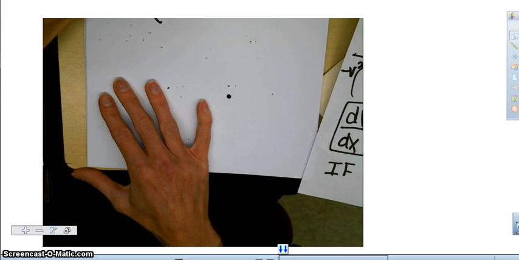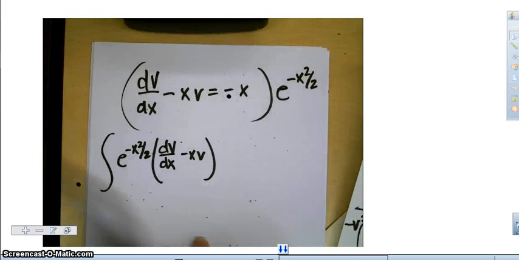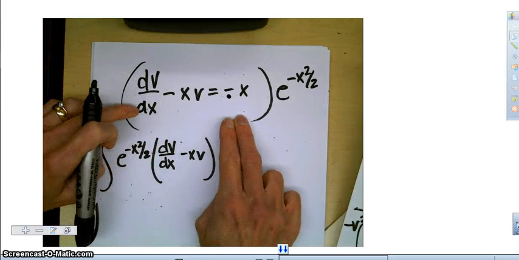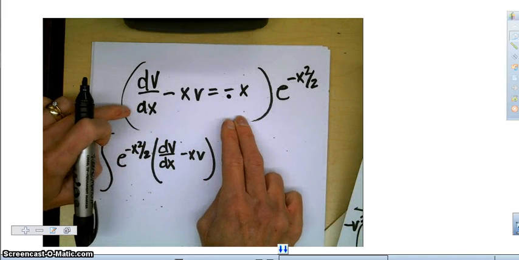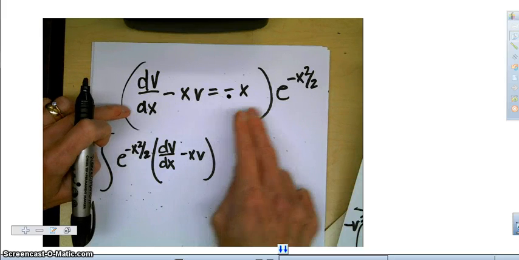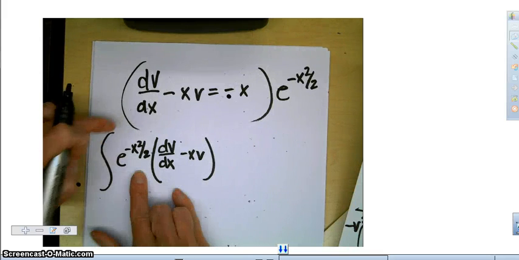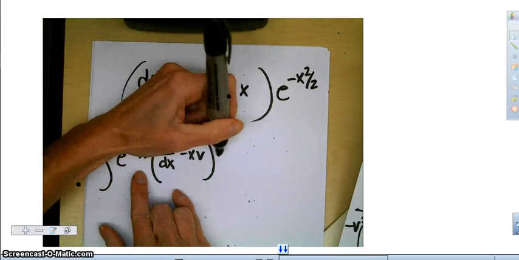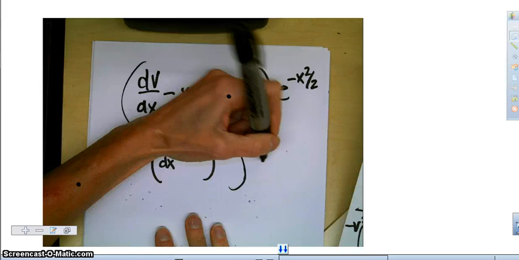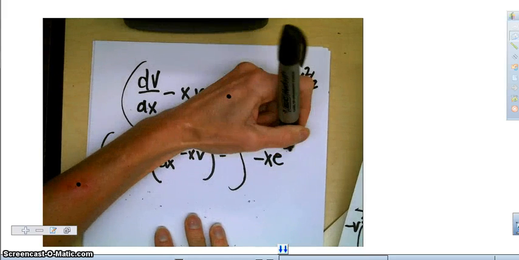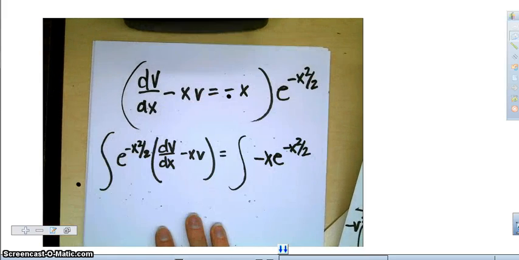I really don't want to have to think about two integrals, okay? I'm going to integrate that side, which I should already know that antiderivative. I should probably put the screen so you can see what I'm writing, huh? So here I just recopied my differential equation, the one I made into linear. I multiplied by my integrating factor. I'm going to integrate the left, and the right side I have the integral of negative x e to the negative x squared over 2.